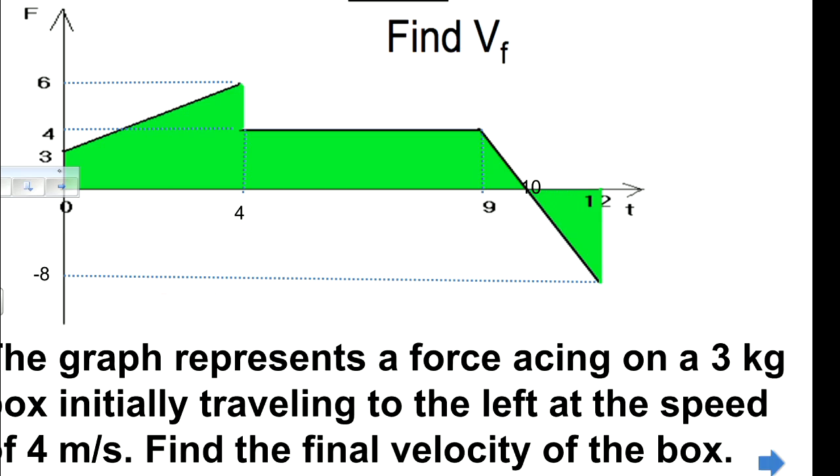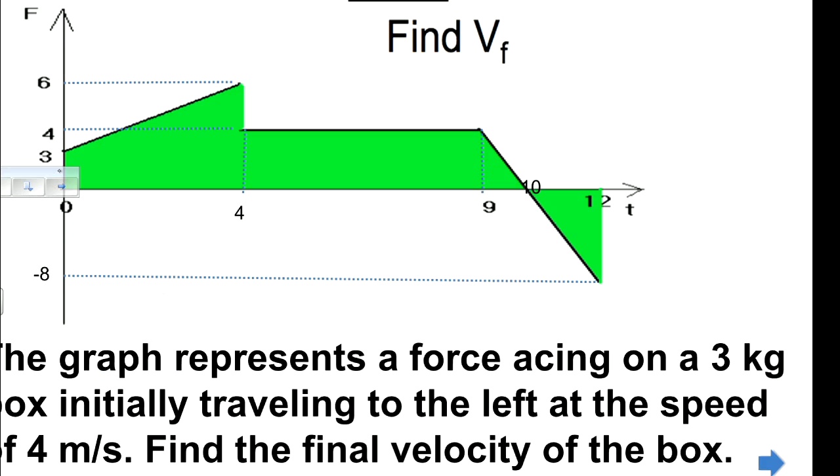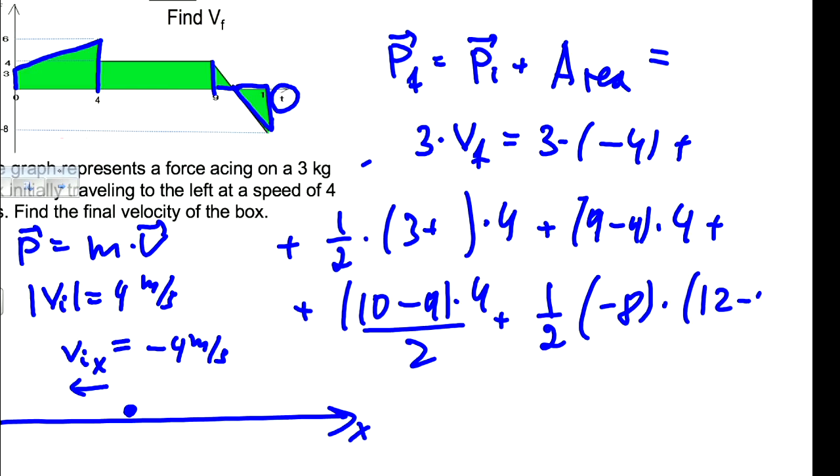So 1/2 of -8 times, and of course the base, the difference 12 minus 10. I'm not going to calculate, you can finish it at home.